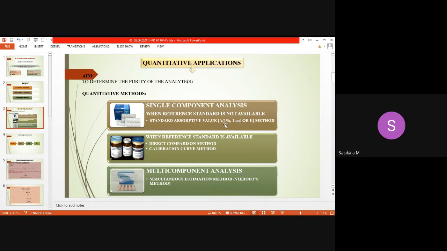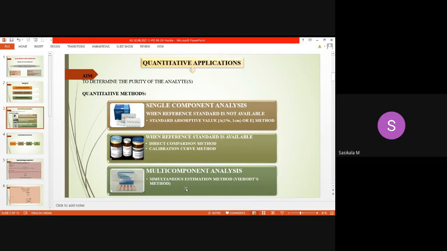This is the official method followed in the Indian Pharmacopoeia. You can refer to IP, where for UV-visible spectroscopic analysis you can find this A1%, 1 centimeter value for each drug product analyzed by the UV-visible spectroscopic method. When a reference standard is available, there are two methods: direct comparison and calibration curve method.